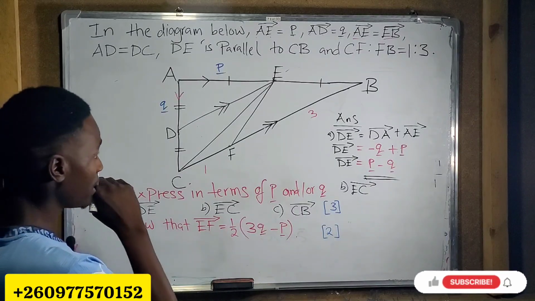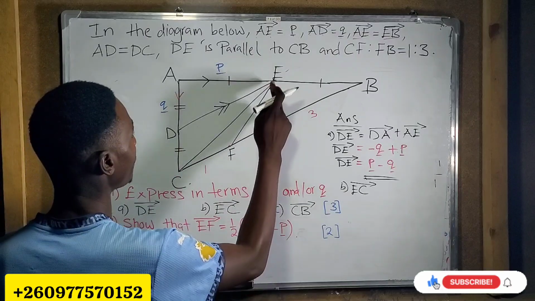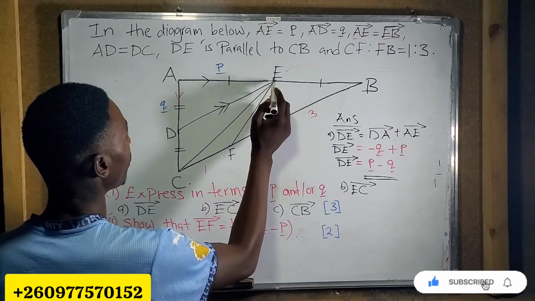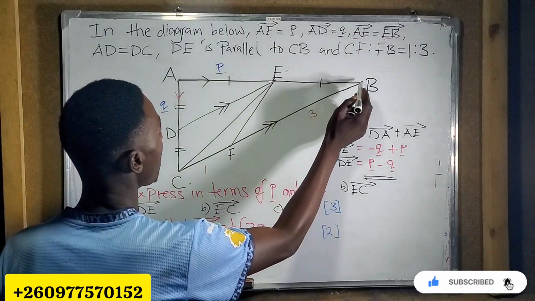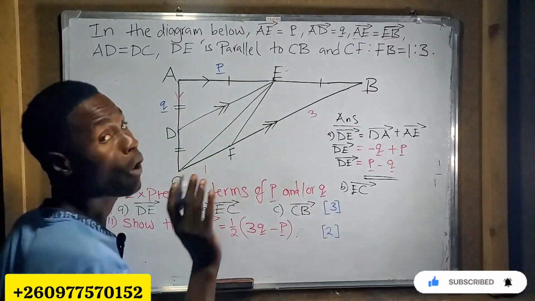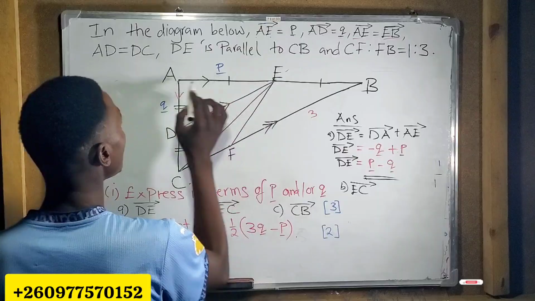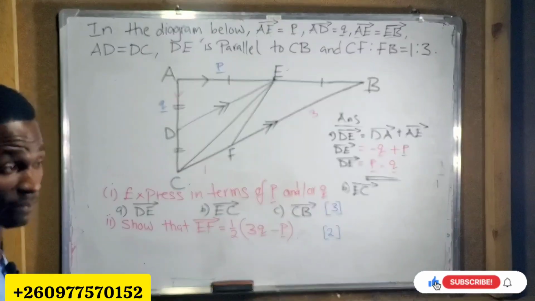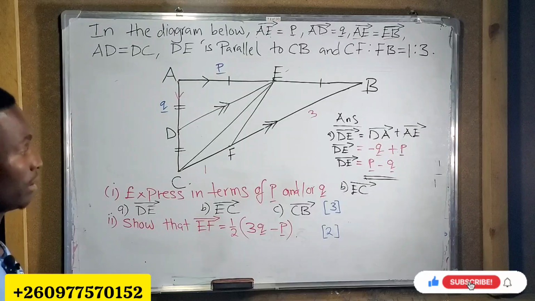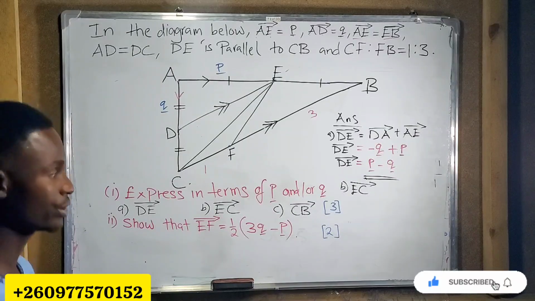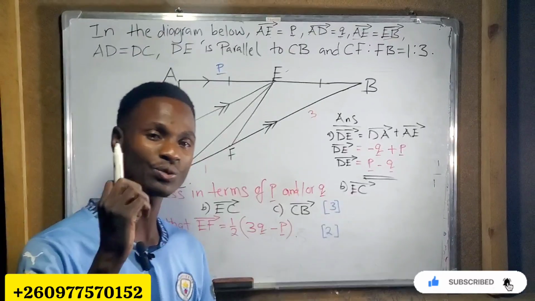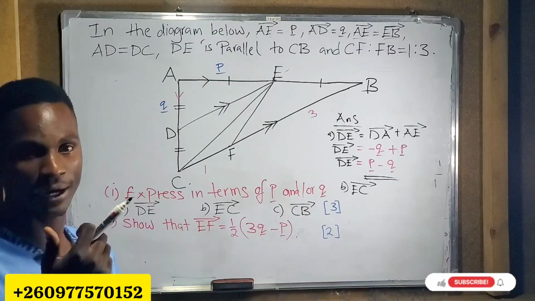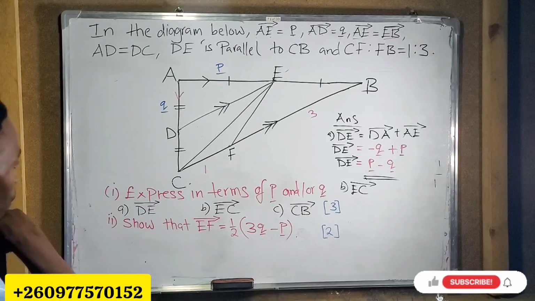Now, there are a lot of ways. To get to EC, you can either go EB plus BC or EA plus AC. Now, which way? Always choose the shorter length or side.